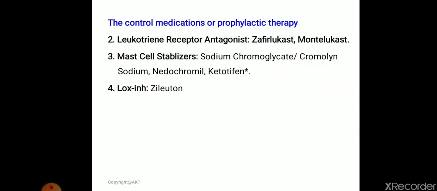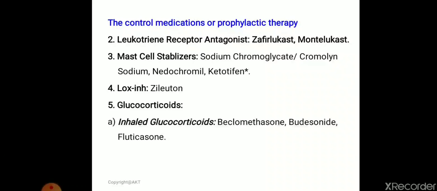Now, fourth one is the LOX inhibitor or lipo-oxygenase inhibitor, zileuton, because lipo-oxygenase is the main enzyme responsible for the production of leukotrienes, which is the main mediator of asthmatic attack. And fifth one is glucocorticoids, which are powerful anti-inflammatory drugs.